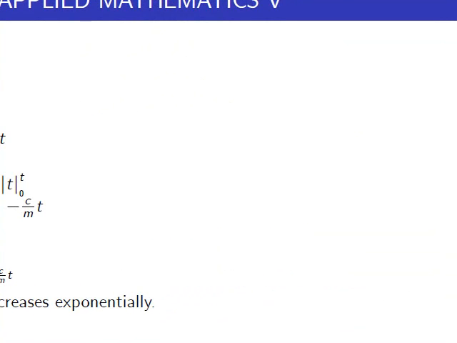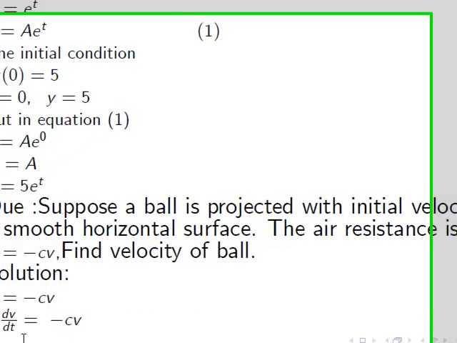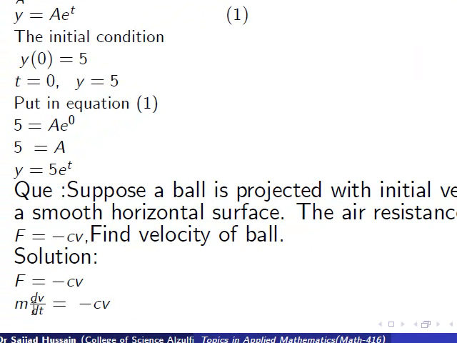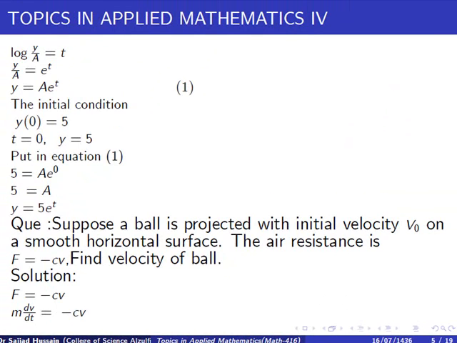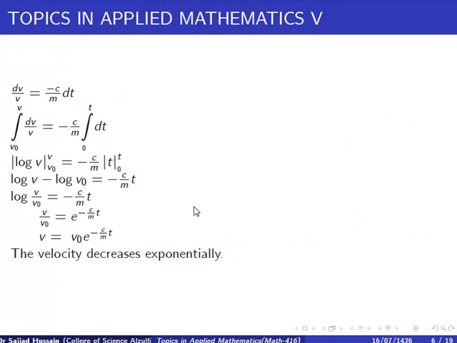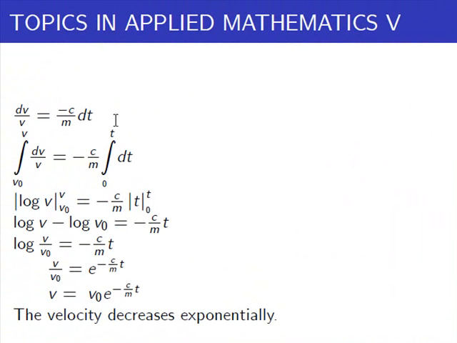We separate the variables in this equation and we obtain dv over v is equal to minus c over m dt. Now we integrate this: v naught to v, dv over v is equal to minus c over m, 0 to t, dt.